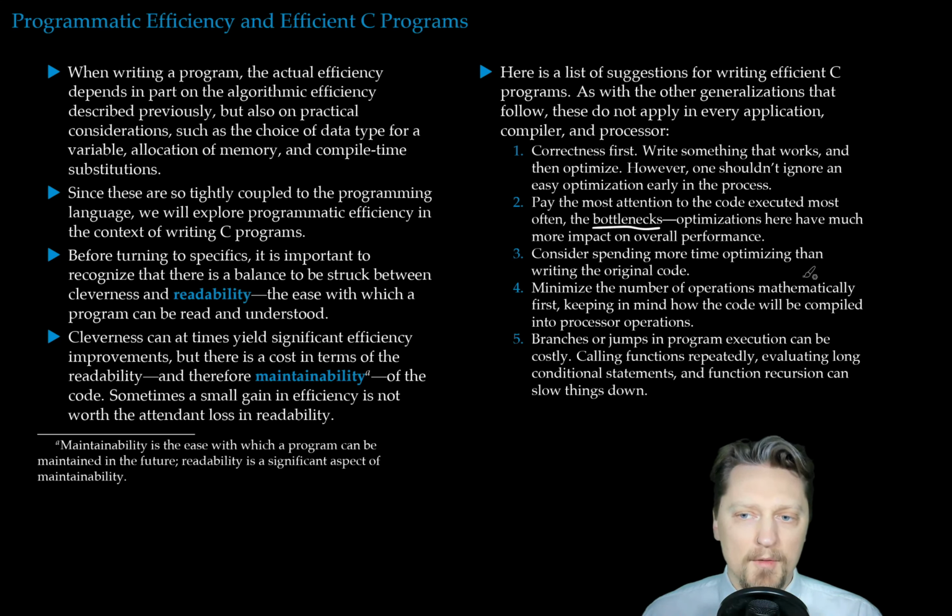Minimize the number of operations mathematically first, keeping in mind how the code will be compiled into processor operations. 5. Branches or jumps in program execution can be costly. Calling functions repeatedly, evaluating long conditional statements, and function recursion can slow things down. Okay, those are our general considerations. Now let's get into several specific considerations.